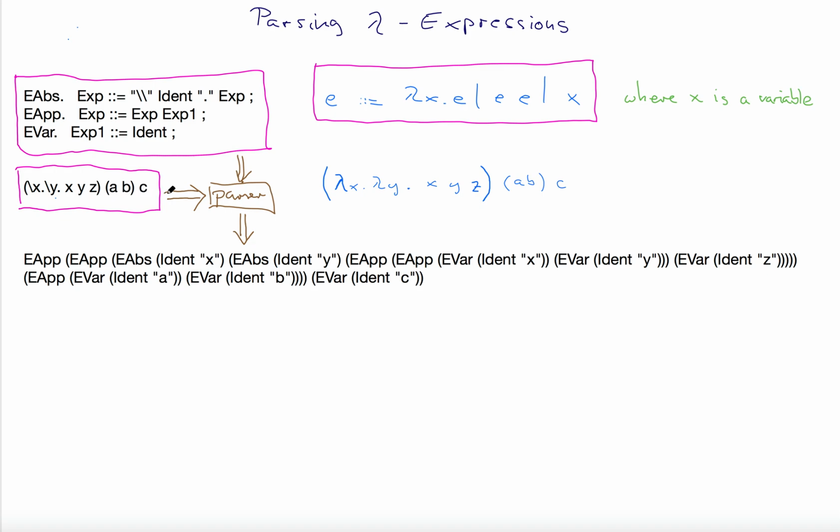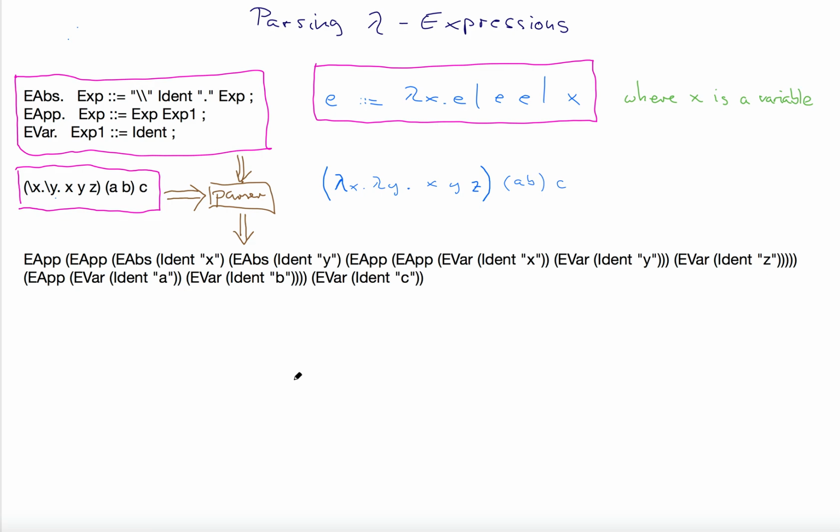So this is the notation that can be understood by the parser, lambda x, lambda y, x, y, z. So we see here also lambda x, lambda y, x, y, z. And then the first argument to this function is a applied to b, and the second argument to the function is c. So I try to use blue for the more mathematical notation and black for the more programming-like notation.